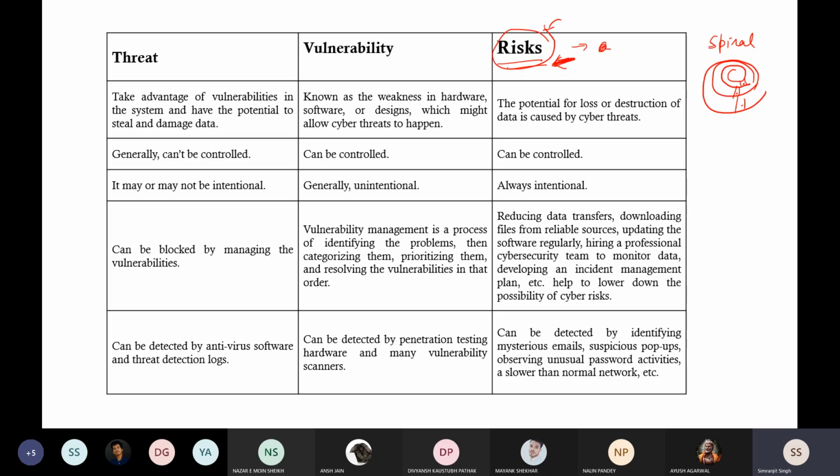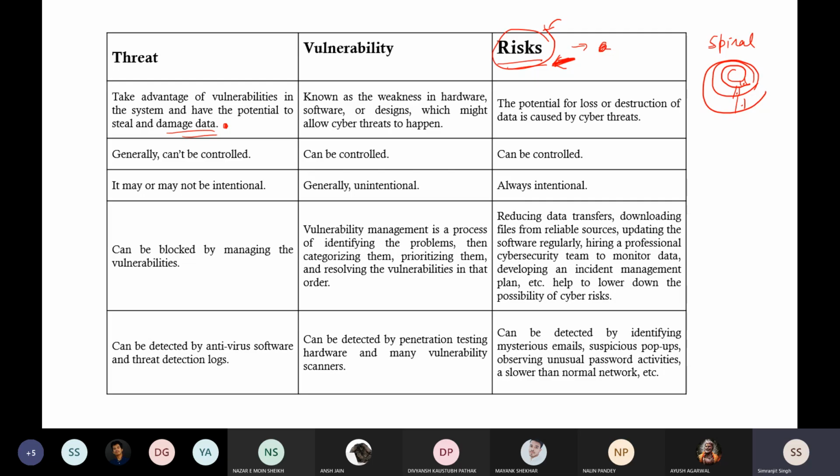To control it, the first step is to not let the virus execute a series of steps, and that can only be done with the help of an antivirus. It can take advantage of the vulnerability in the system and has the potential to steal or damage data. Mostly it is used to damage data. It will delete a series of files, or it can steal information from your system.